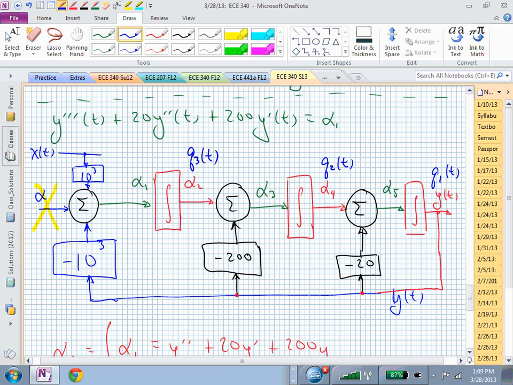Here we just had a constant, and so we just had this one input coming into the very first summing junction. But if we would have had some finite zeros, then we would have other coefficients upstairs, and they would be populating these additional top gains coming in from the input.